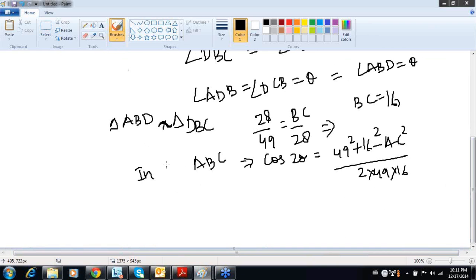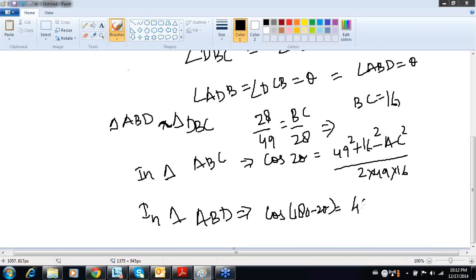So in triangle ABC we applied cos theorem. In triangle ABD apply cos theorem again. Now cos 180 minus 2 theta will be equal to 49 square plus 49 square minus 28 square upon 2 into 49 into 49.